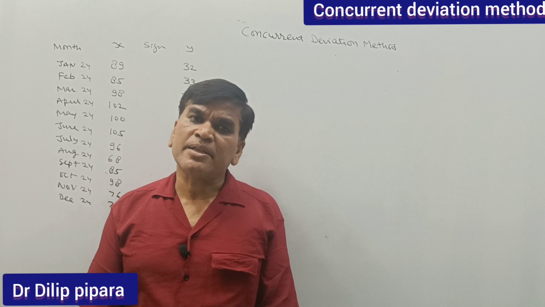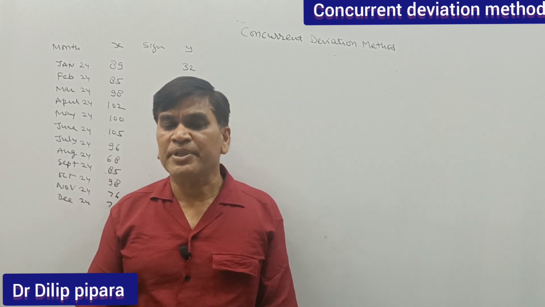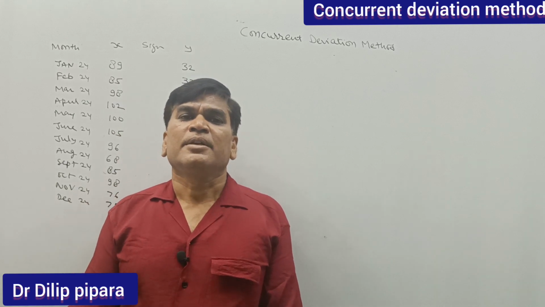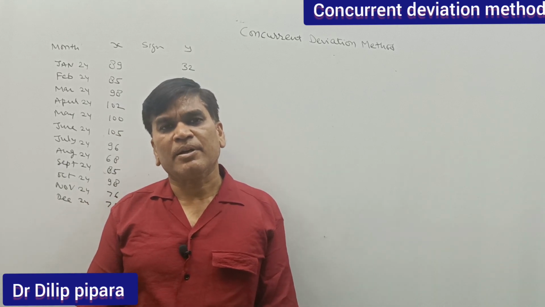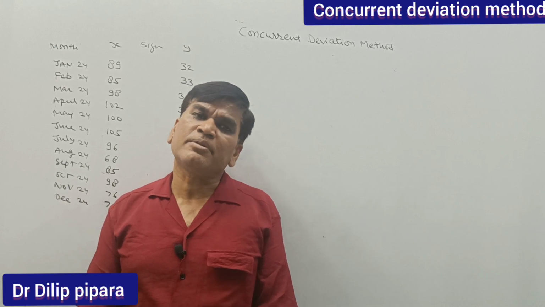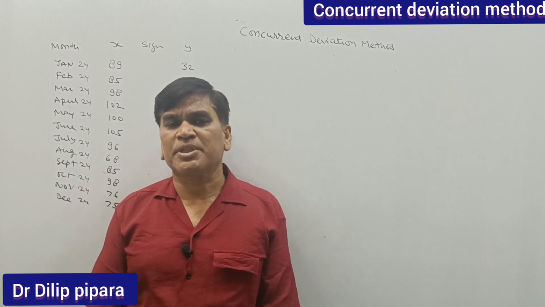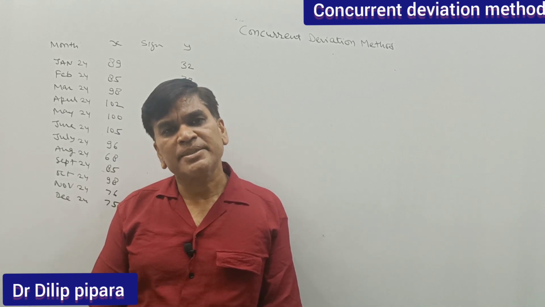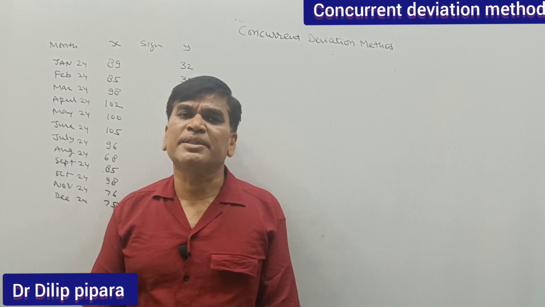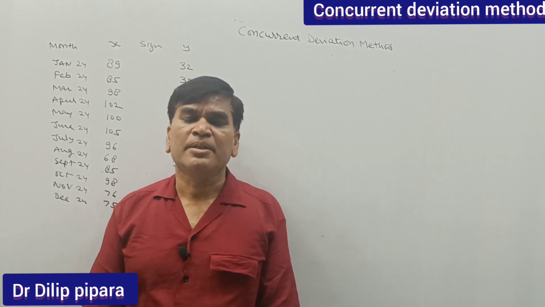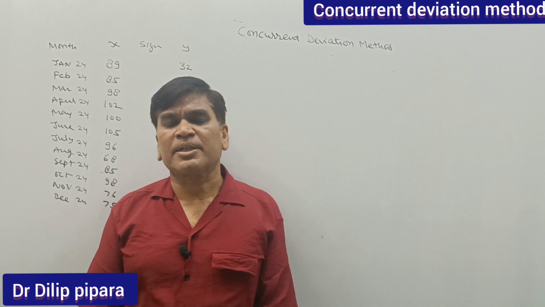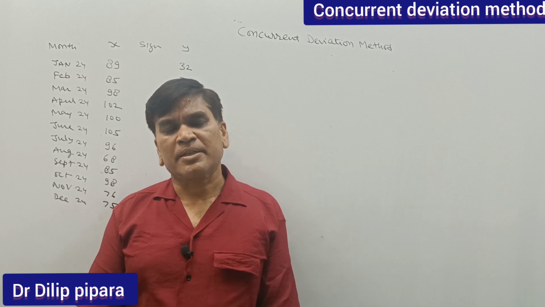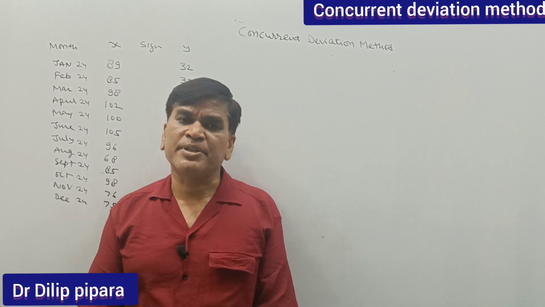When we are not concerned about the degree of the correlation, whether it is moderate, lower or higher, and we only want to know whether the correlation is positive or negative, then we can use the concurrent deviation method.